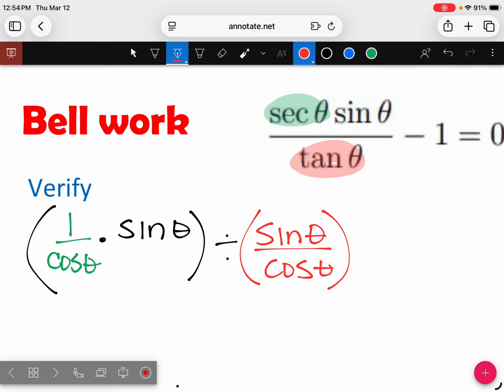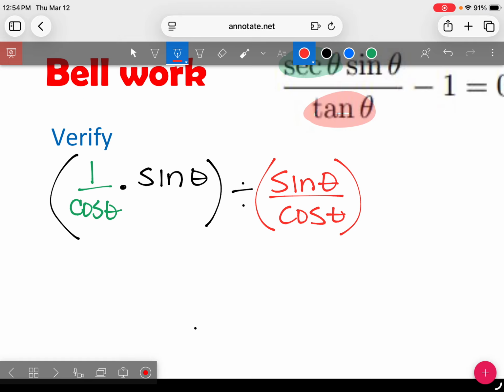When you multiply secant times sine, you actually get tangent. So we have a tangent, or actually, we'll just keep it that way. We have sine over cosine divided by sine over cosine. I'm going to do my keep change flip.